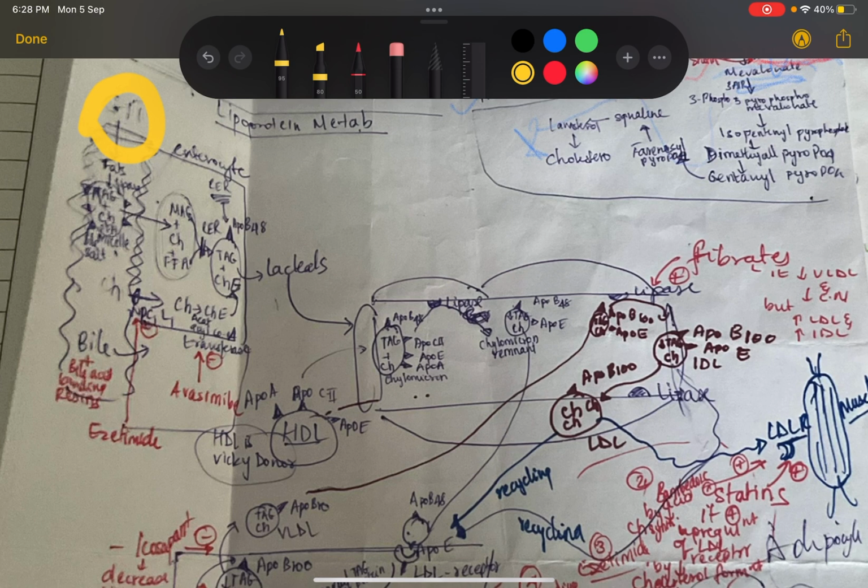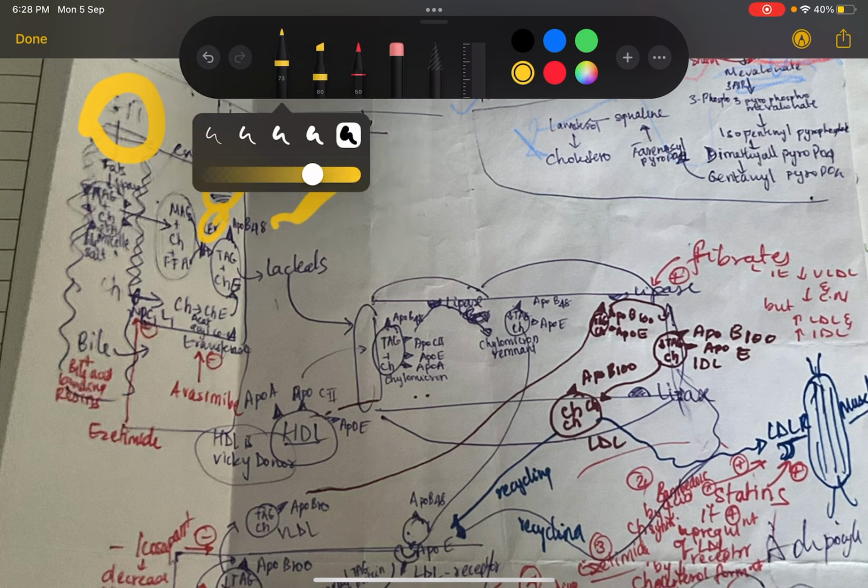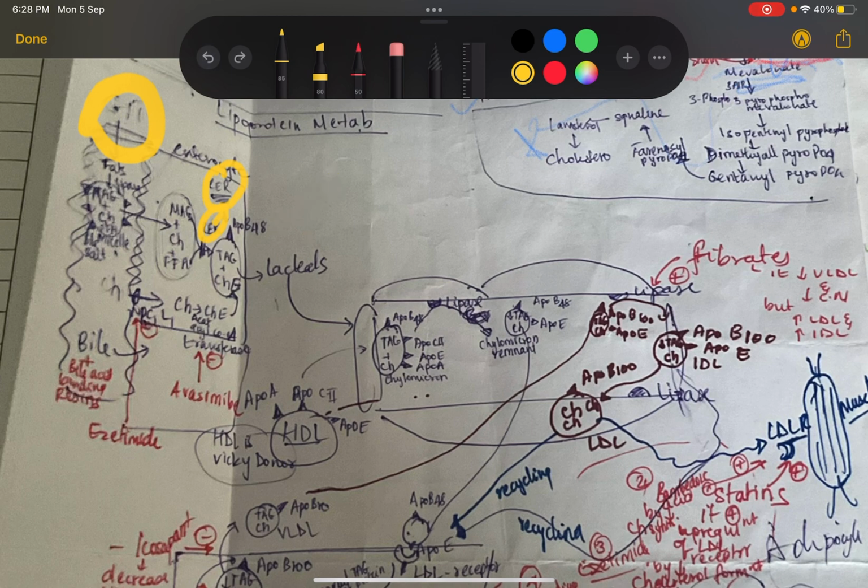So what happens is that it goes into the rough endoplasmic reticulum out here, and it adds ApoB48 to these chylomicrons. ApoB48 is an important indicator. So it adds ApoB48, and from the lymph it goes into the vessels. So far so good.